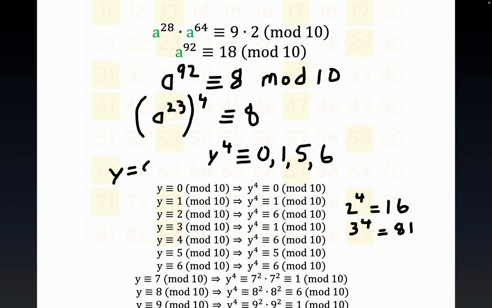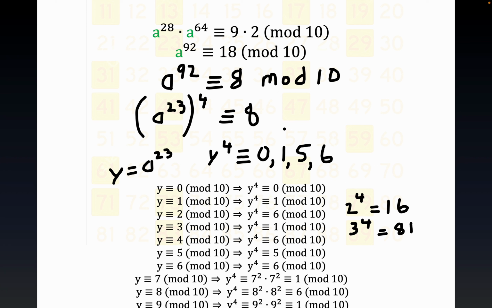That's just some number, which is going to reduce to 0, 1 through 9 modulo 10. And so if y is equal to a to the 23rd, then y to the 4th would be, 4 times 23 is 92, so y to the 4th would be a to the 92, right? I won't write that down, but I think you guys see that. This step's probably unnecessary to show you.